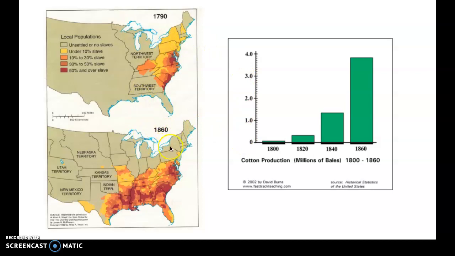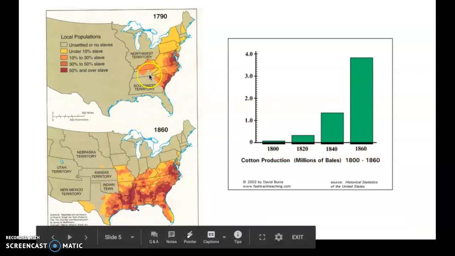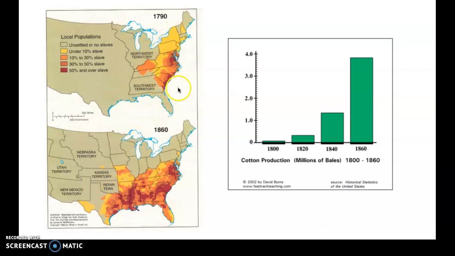Okay, so what these charts show us is that as cotton production, cotton is the main cash crop we're talking about here, began to increase in the 1800s, so did the slave population in the South. This is 1790. There are very few regions with a high population of slaves living in the South.